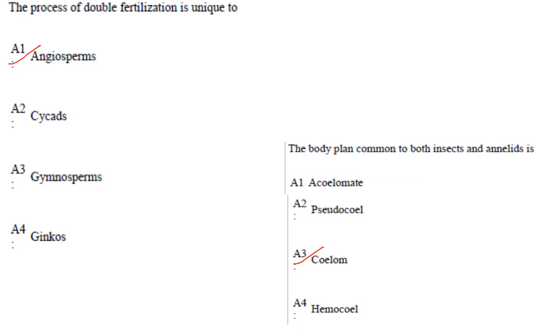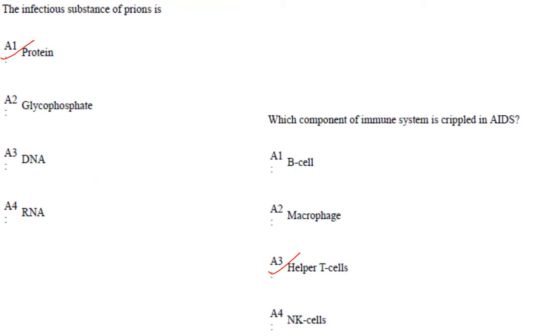The body plan common to both insects and annelids is coelom. They both are coelomates. Answer is option 3. Next one. The infectious substance of prions is proteins. Answer is option 1. Then which component of immune system is crippled in AIDS?